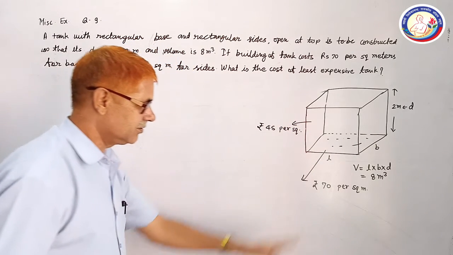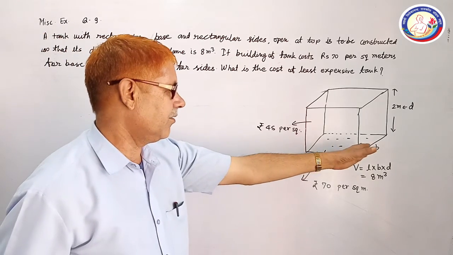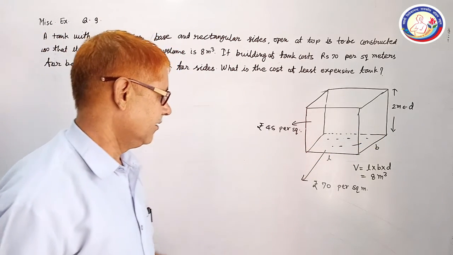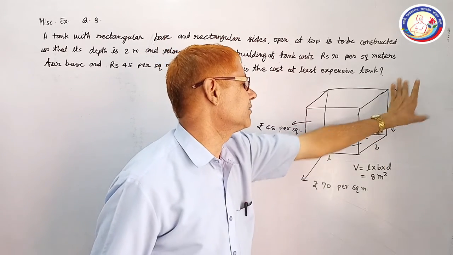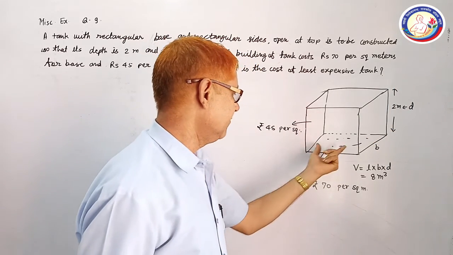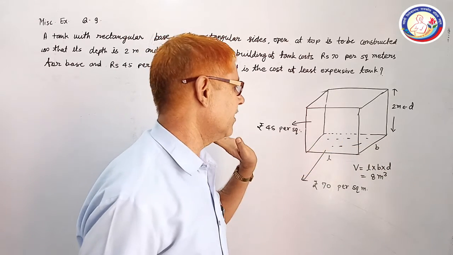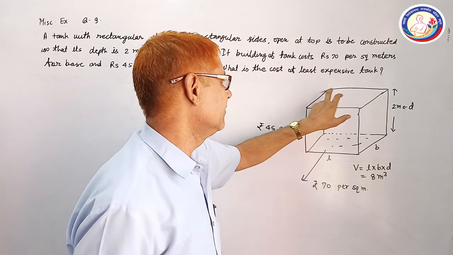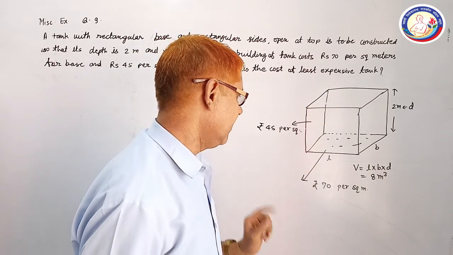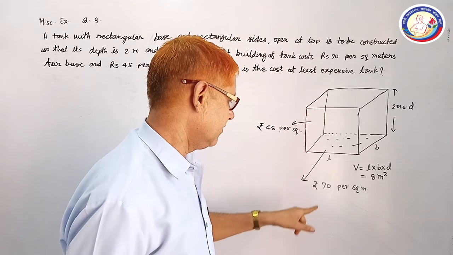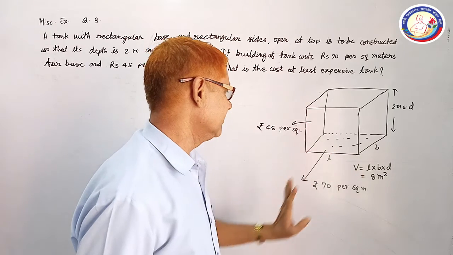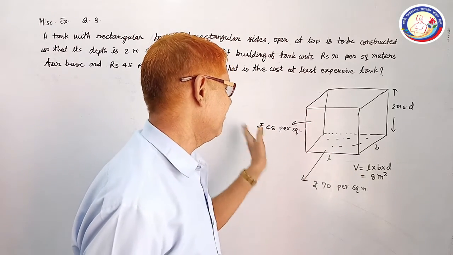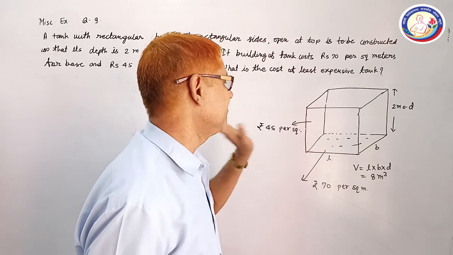So this is all about the information given in the question. We have to construct a tank with depth 2 meters. Its base is rectangular and its sides are rectangular, open at top, and in construction the cost is 70 rupees per square meter for base, which is rectangular, and for sides it is 45 rupees per square meter.